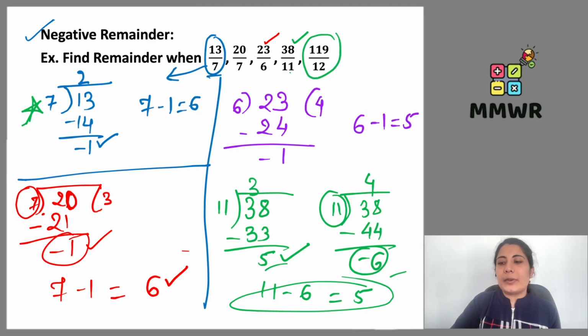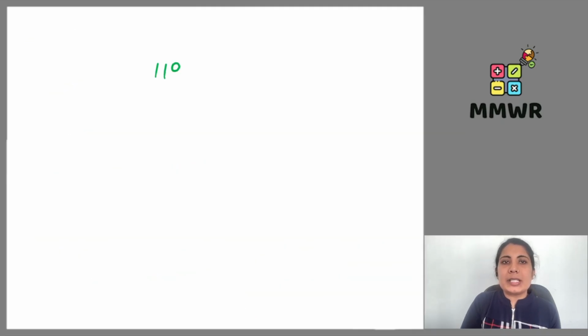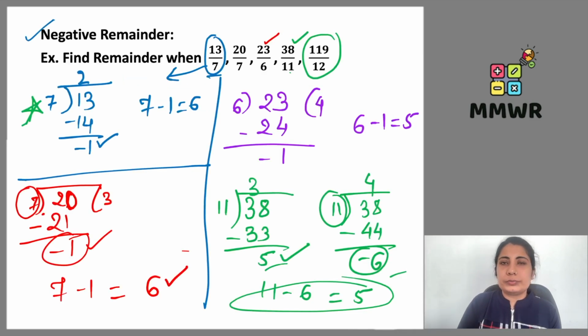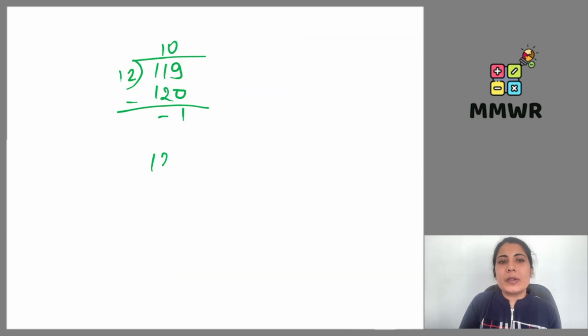Now 119 divided by 12. We know in the table of 12, 10 times we get 120. So 120 is very close to 119. 119 minus 120 gives me minus 1 remainder. So 12 minus 1, what do we get? 12 minus 1 gives me 11 remainder.